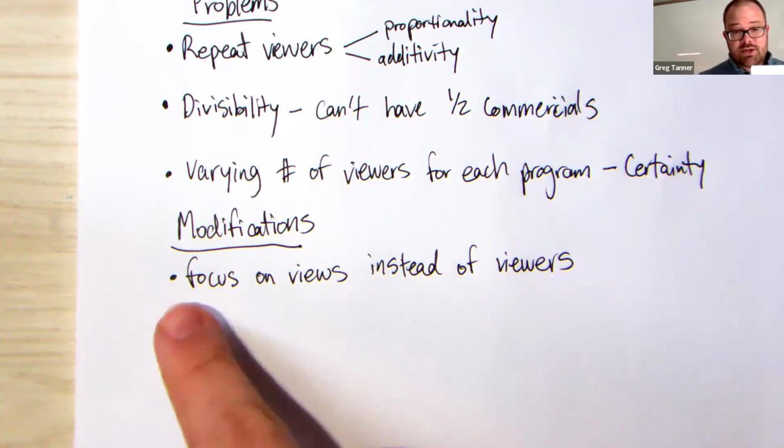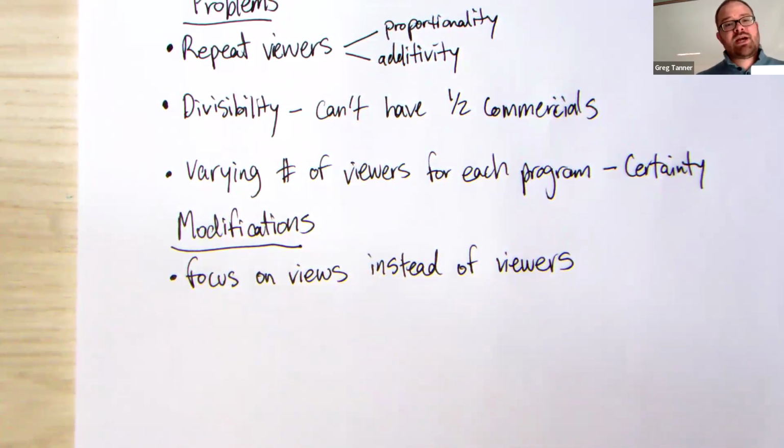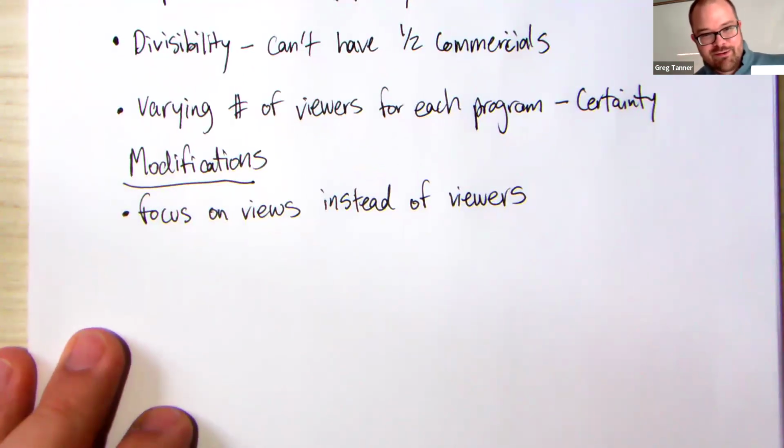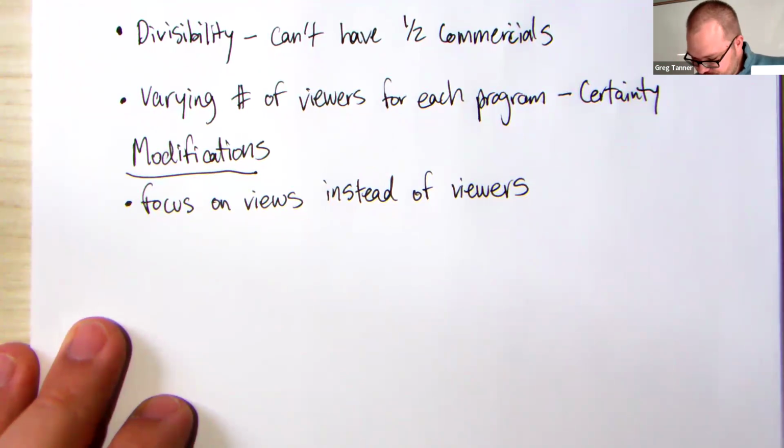And so we might want to just focus on maximizing views with the idea that, okay, repeat viewership maybe isn't a bad thing. It's fewer unique people that are seeing my commercial, but sometimes repetition is good, right? It's maybe not the first time that you see that luxury car commercial that gets you to buy it, but it's maybe the 10th time where now it's like, oh, I got to go buy that Lexus or whatever that luxury car is.